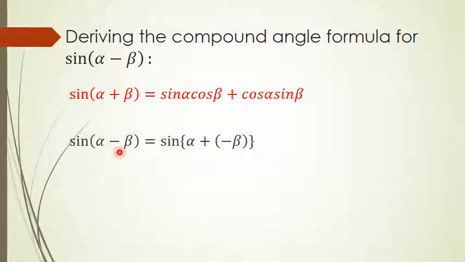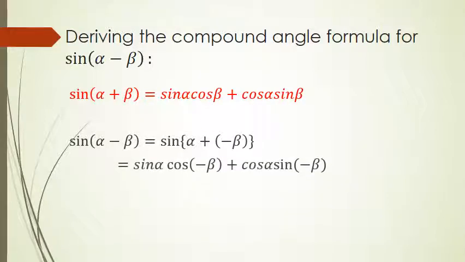So it's the same thing, we haven't changed anything. Now comparing sine alpha plus beta with this expression here, you see that it is the same expression with beta replaced by minus beta. So in expanding this using this compound angle formula, we simply replace beta with minus beta everywhere in the original formula.